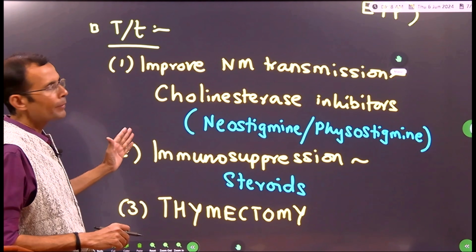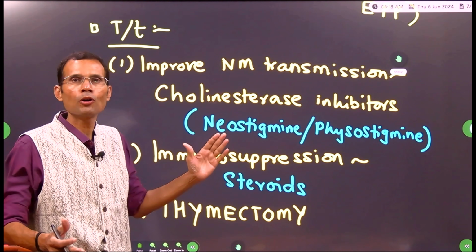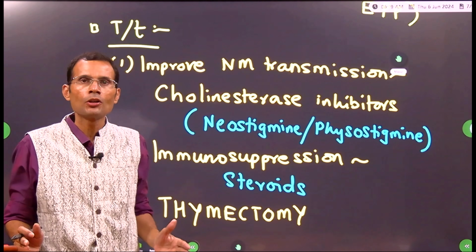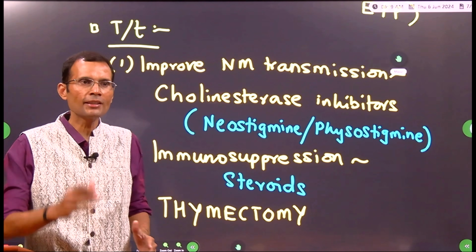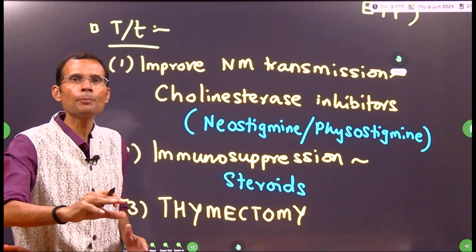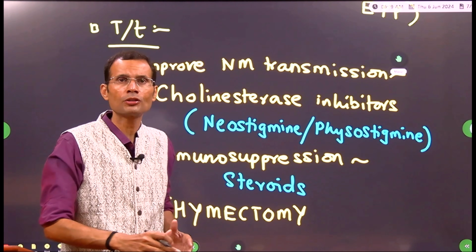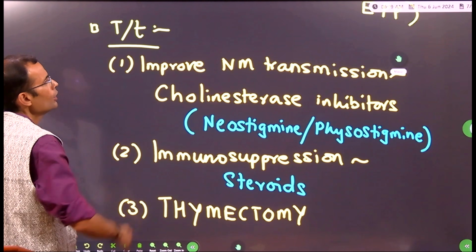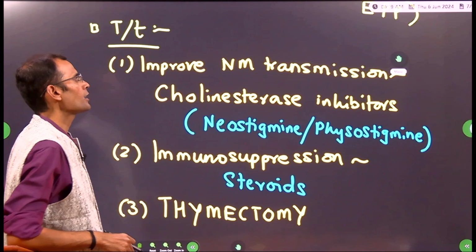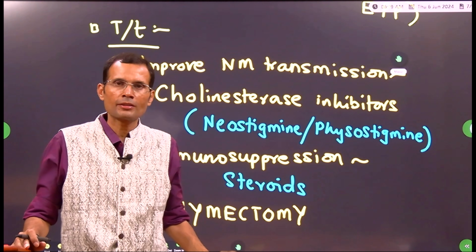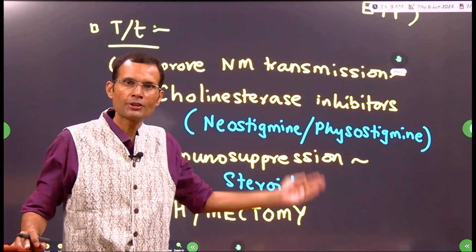Basically, the treatment involves either improving the neuromuscular transmission or at least decreasing the immunogenic attack on the receptors. So how do you improve the neuromuscular transmission? Cholinesterase inhibitors are the drugs given for this.